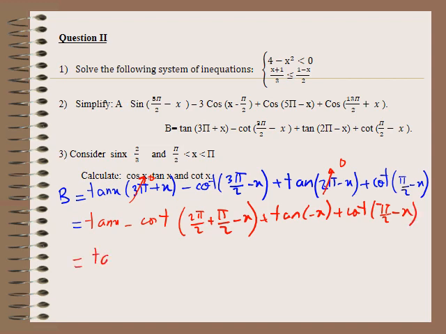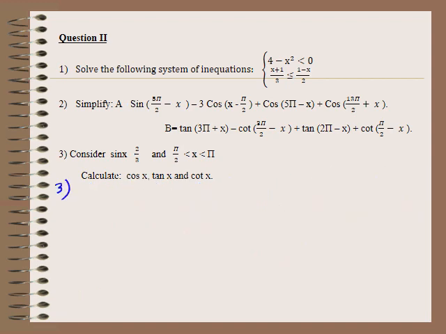Cotangent of pi over 2 minus x is tangent x. So it is tangent x, minus tangent x, minus tangent x, plus tangent x, which is 2 tangent minus 2 tangent, equal to 0.